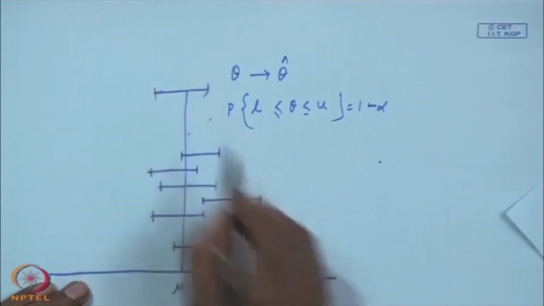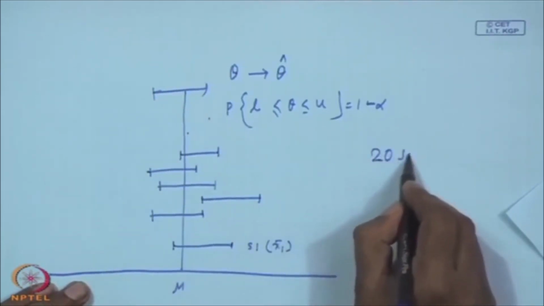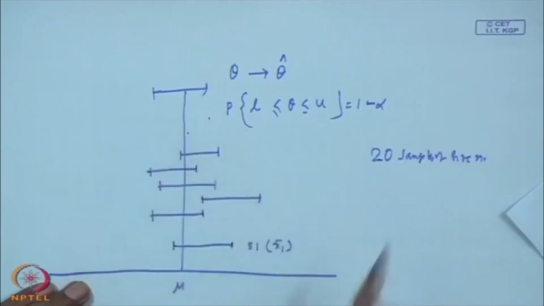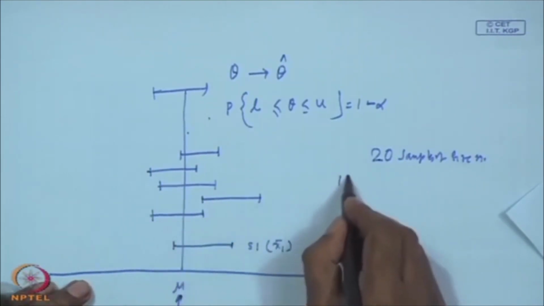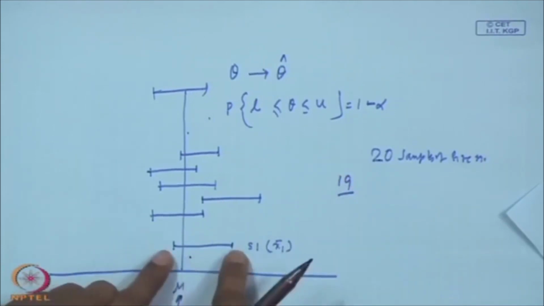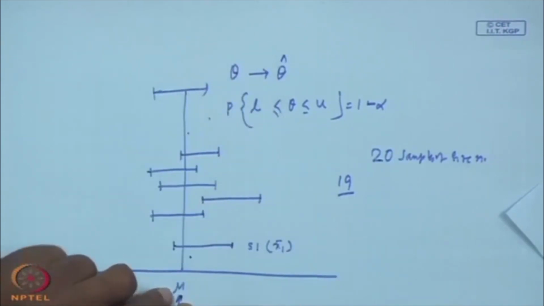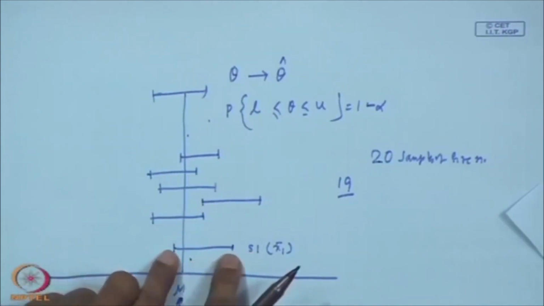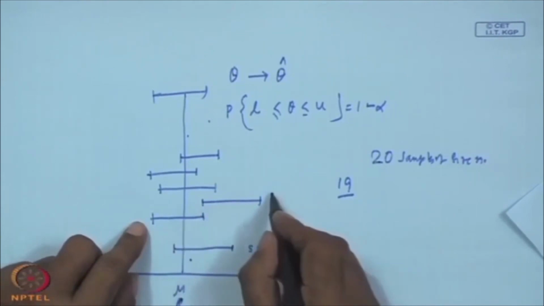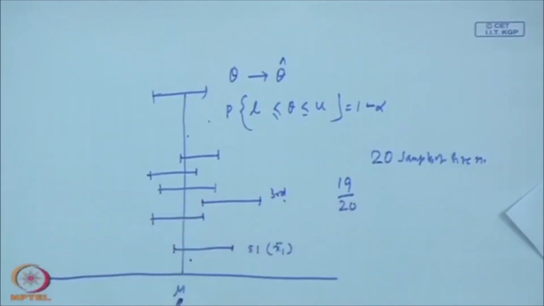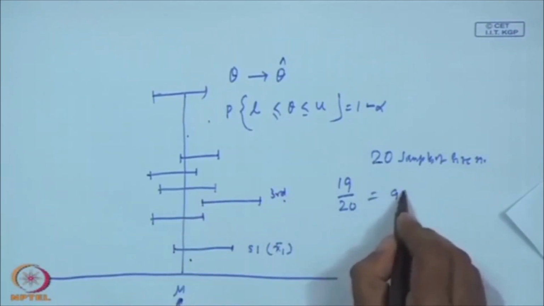Suppose you have collected 20 samples of size n, and hypothetically we assume this is the true mean. 19 samples contain this mean, because the interval contains this mean. This is the constant value, the mean. The first sample interval contains the mean, the second contains the mean, but the third one does not. So out of 20, 19 contain the mean, so that means it is 95%.